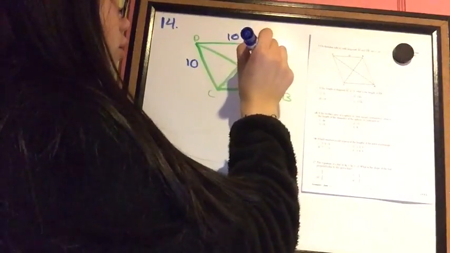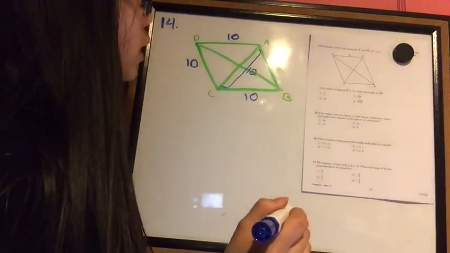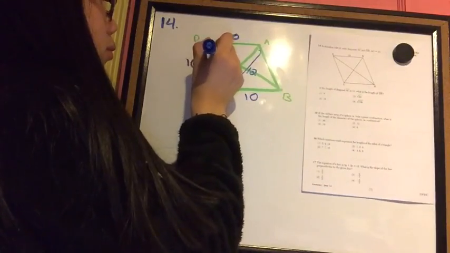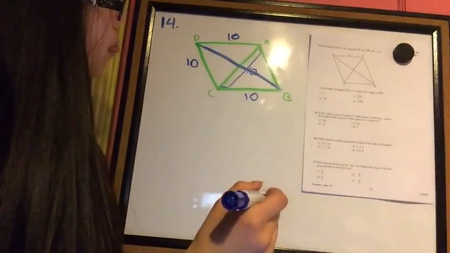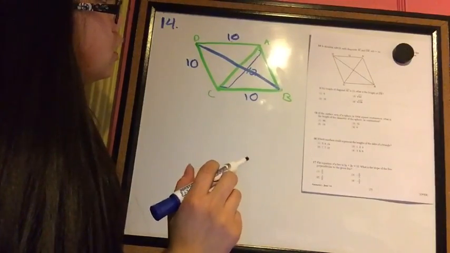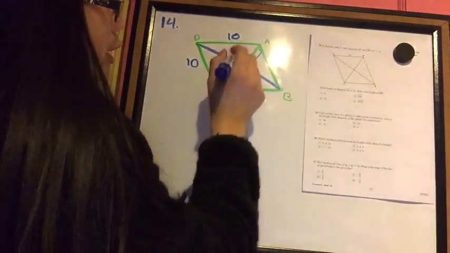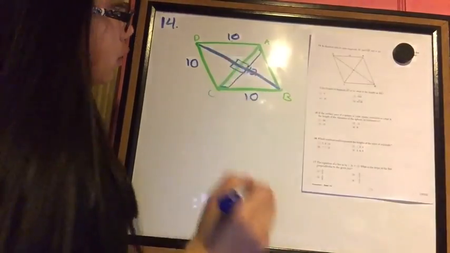So right here, this right here is 12. And it is asking us for DB. Okay. Each intersection forms a 90-degree angle. So here, here, here, and here.